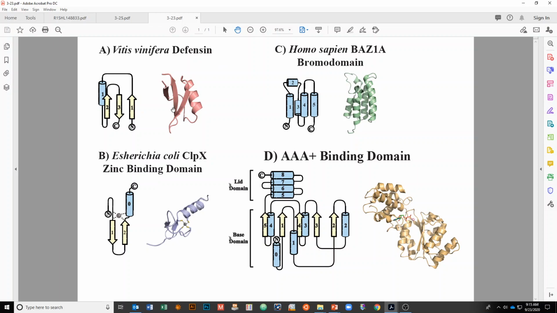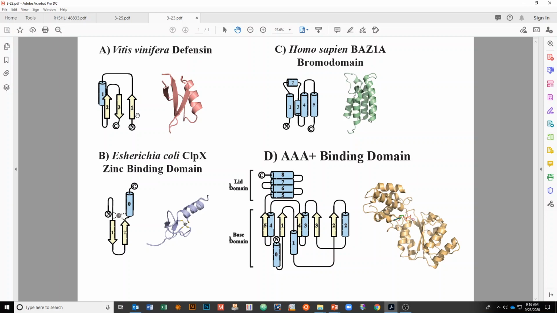For those that are interested, this is an antimicrobial protein that is secreted from grapevines to prevent bacterial infections. So this is a pretty cool example, but it's a relatively simple protein. If you look at the structure here, you have a small beta sheet, 3 individual beta strands that are oriented anti-parallel to one another, and then a single alpha helix.